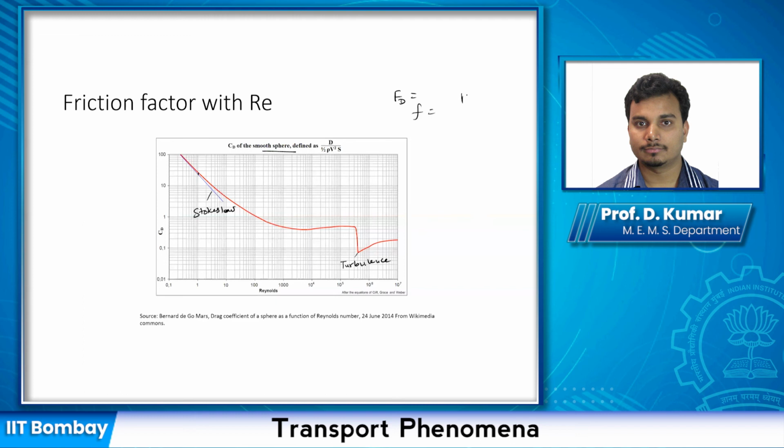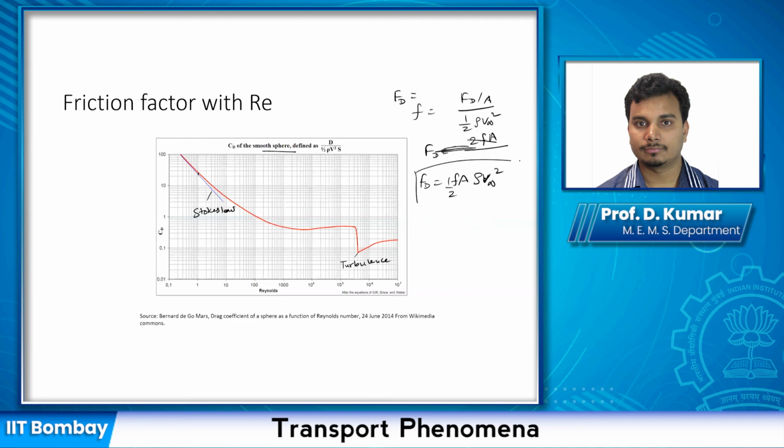Friction factor is defined as drag divided by half rho v square times area. So from here, drag force should be equal to friction factor times area times half rho v infinity square.